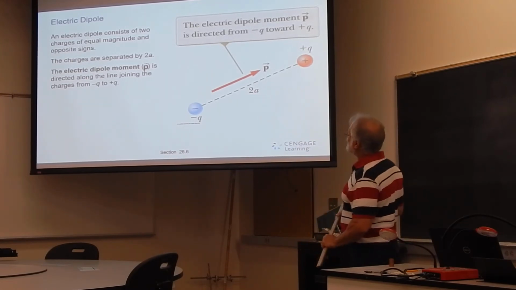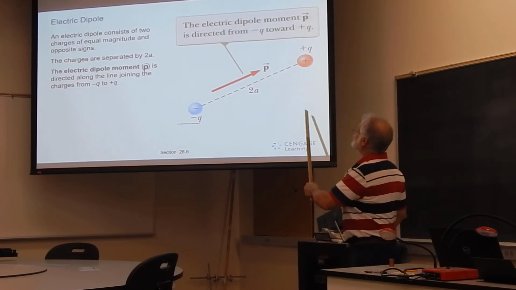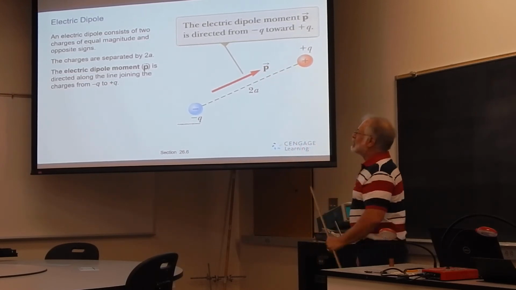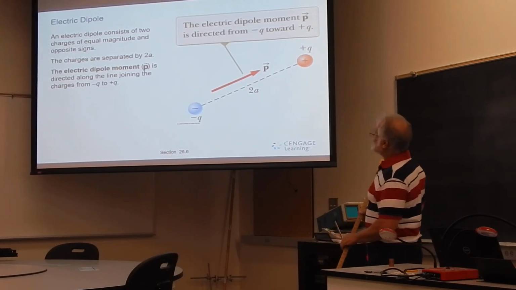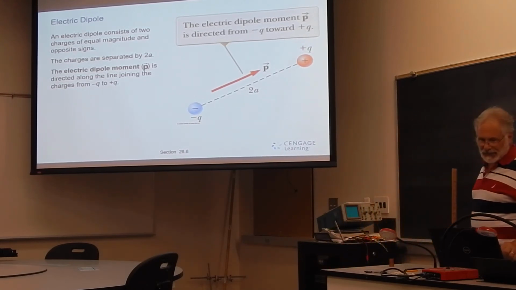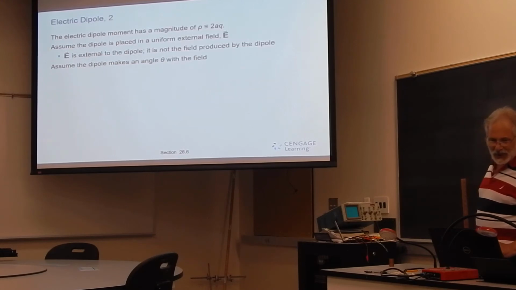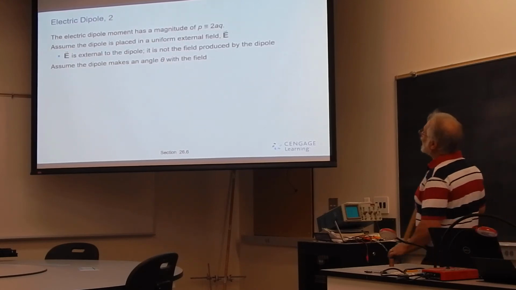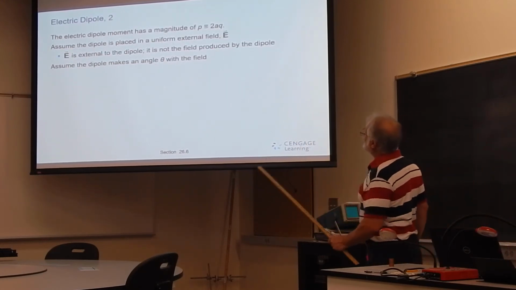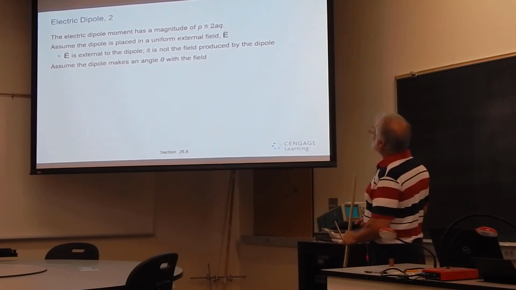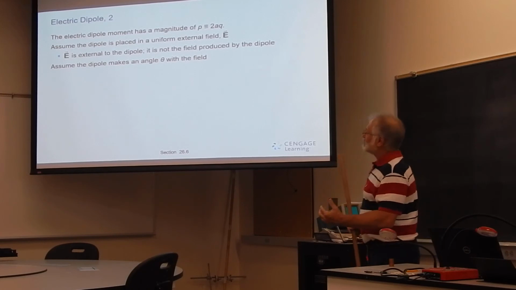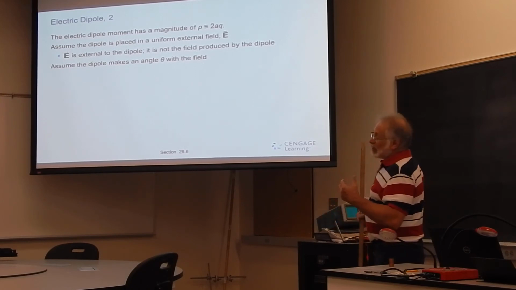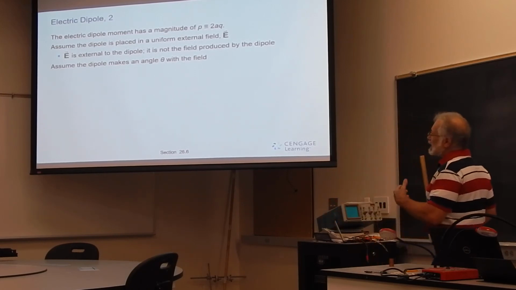We define the dipole moment, P, not to be confused with momentum, P, as the product of the charge and the distance between them. That's what we call a dipole moment. So in that case, it would have been 2A times Q for the dipole moment. Now, if I place the dipole in a uniform external field, let's see what happens.